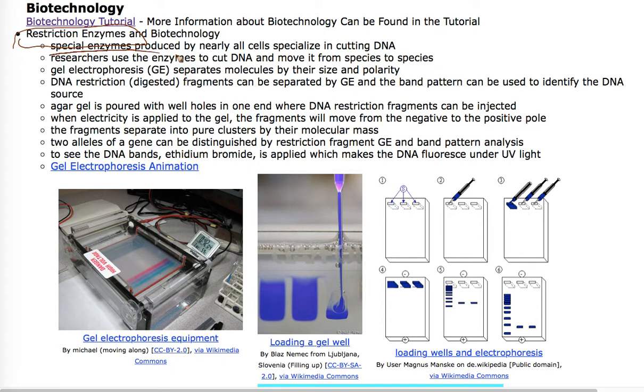Restriction enzymes are special enzymes made by nearly all cells to cut up DNA. The reason cells make restriction enzymes is because living things are under a constant onslaught of viral attack, and viruses attack by injecting nucleic acid into the cytoplasm of cells. So the basic weaponry to destroy viruses is to produce enzymes that will cut up DNA.